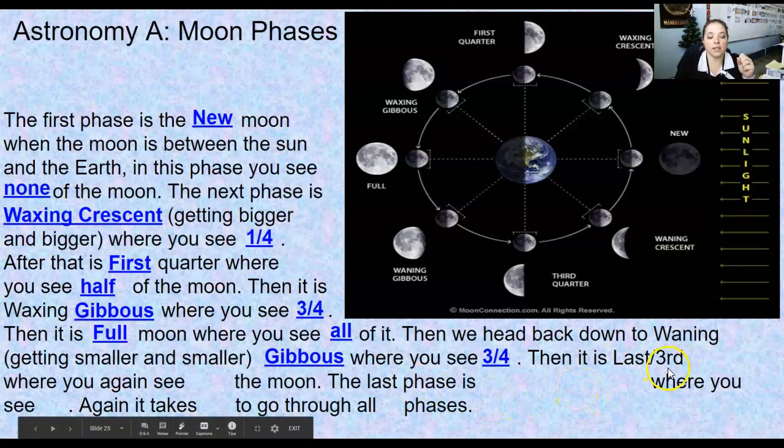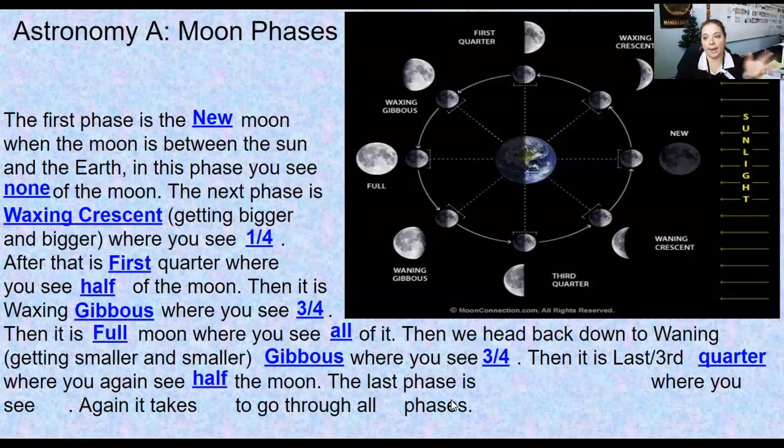And then you have the last or third quarter moon, where you see half the moon. And then the last phase is the waning crescent, where you see a quarter. Again, remember, it takes 27 days to go through all the phases. In reality, for us, it takes 29.5 days to see all of the phases.